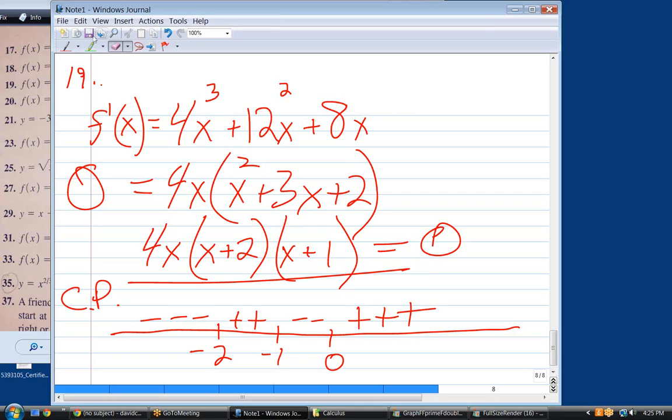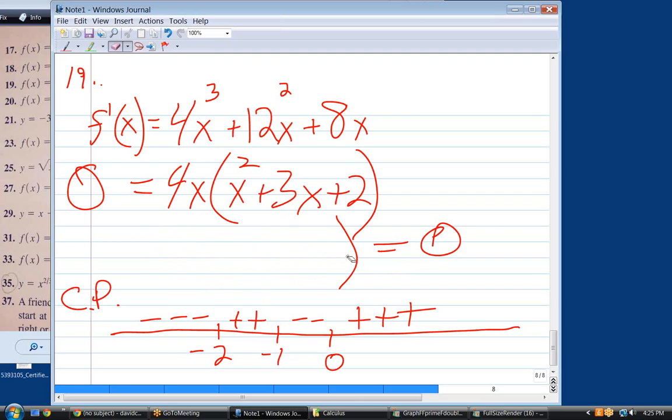Now, this line chart technique, even though I don't know that we're going to see any problems like that, we might, I'll take a quick look here, but it's more useful when you have something like this, a quotient.